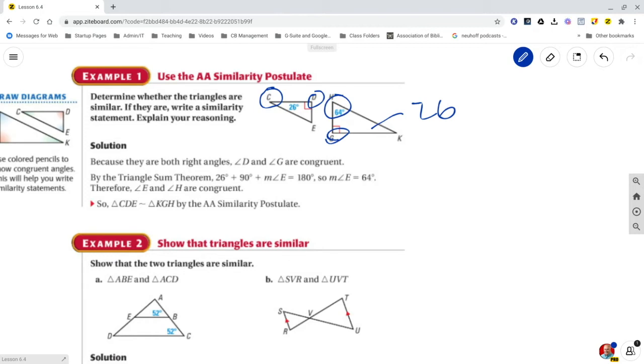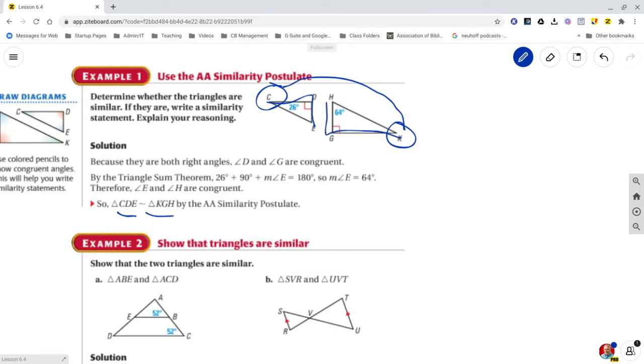So now what we've done is actually proven that these triangles are going to be similar, and then we can evaluate their scale factor by looking at the ratio of the sides. What's important to note is that if we're writing our similarity statement, we know that angle C is going to be matching up with angle K. So since the order of our vertices is important, if we start with C, we go CDE, KGH.